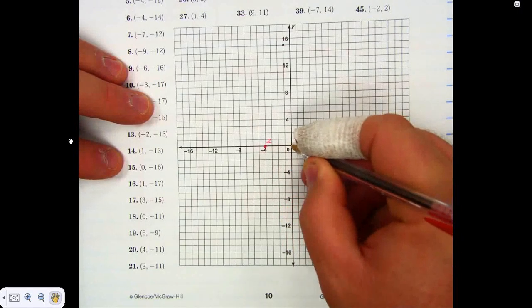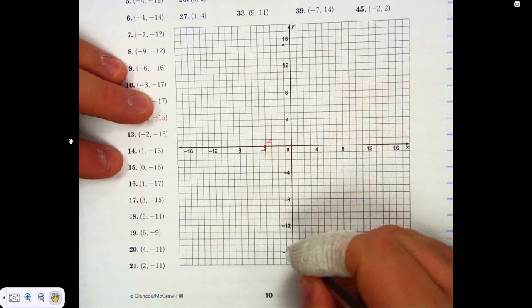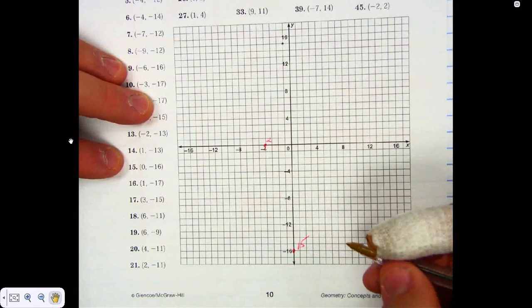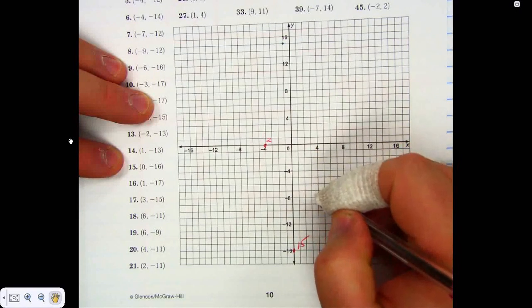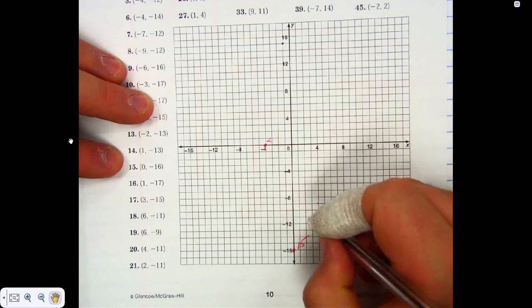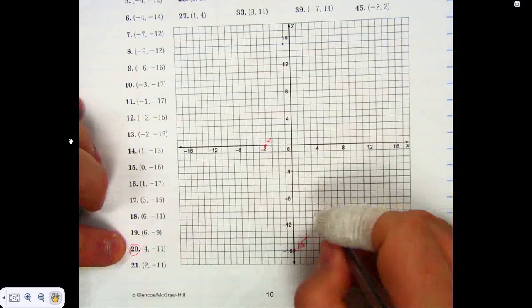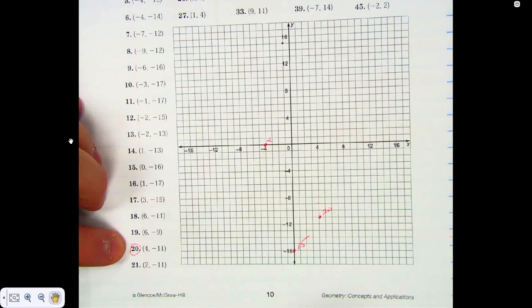Go down. 0, and then down right here. That's number 15, isn't it? Right 4, and down 1, 2, 3, 4, 5, 6, 7, 8, 9, 10, 11. I did number 20 right there. That's easy enough, isn't it?